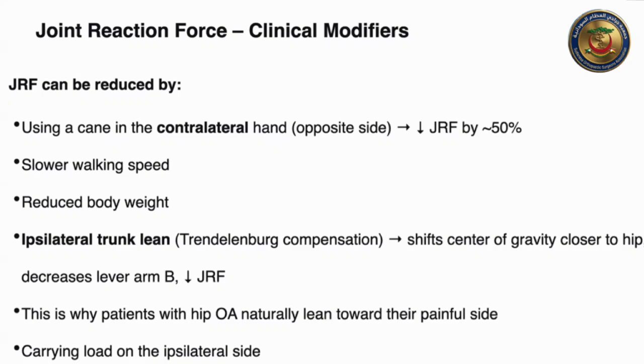So when acceleration is increased, the force is increased and joint reaction force is increased. Also by reduced body weight, and also ipsilateral trunk lean, which is compensated Trendelenburg gait, shifting the center of gravity closer to the hip. That's why a patient with hip osteoarthritis normally has a lurch toward their painful side.